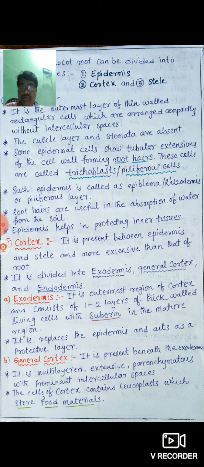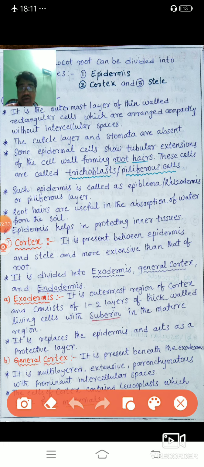So what is the exodermis? It is the outer region of cortex and consists of one to two layers of thick-walled living cells with suberin in the mature region of the root, that is the exodermis.